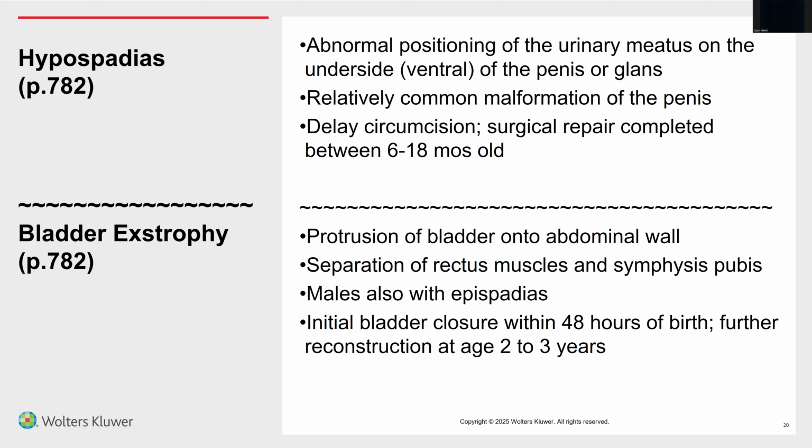It is often accompanied by a downward bowing of the penis, or chordee, which can lead to urination and erection problems and infertility in adulthood. So it doesn't matter if it's epispadias or hypospadias, circumcision should be delayed so that the foreskin can continue to develop and have enough foreskin to be used to surgically correct the anomaly.